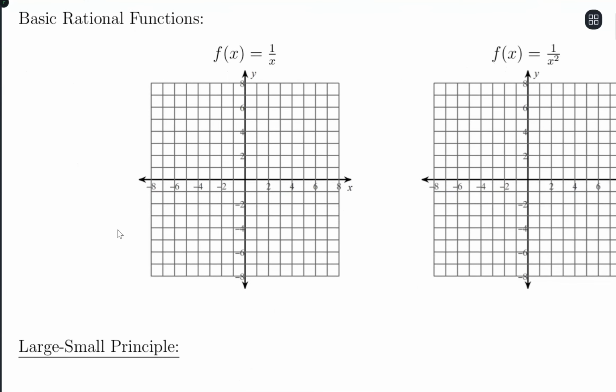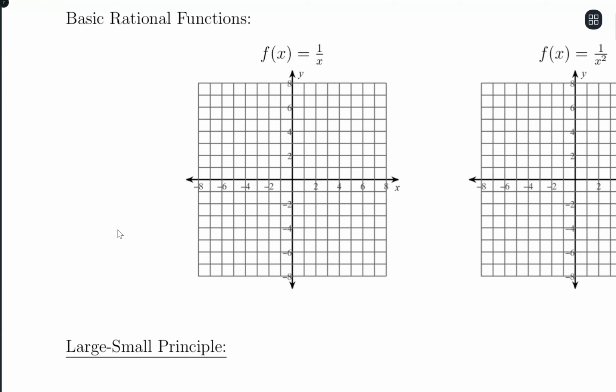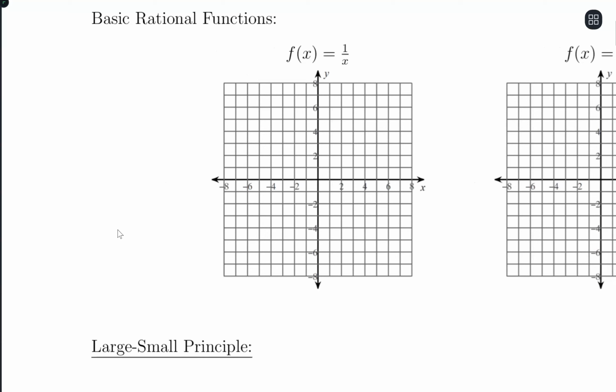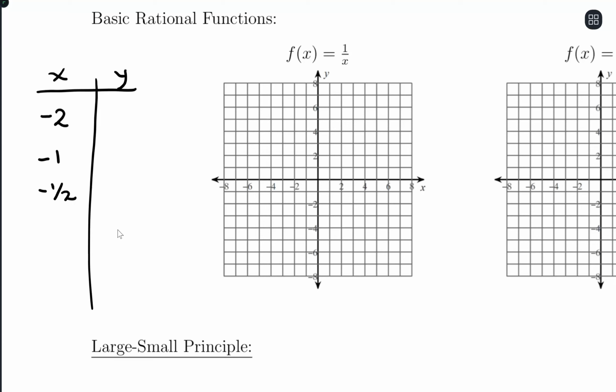So let's start by looking at some basic graphs of our functions 1 over x and 1 over x squared. Let's talk about this in terms of a table of values. I'm going to choose x values: -2, -1, -1/2, 0, 1/2, 1, 2.